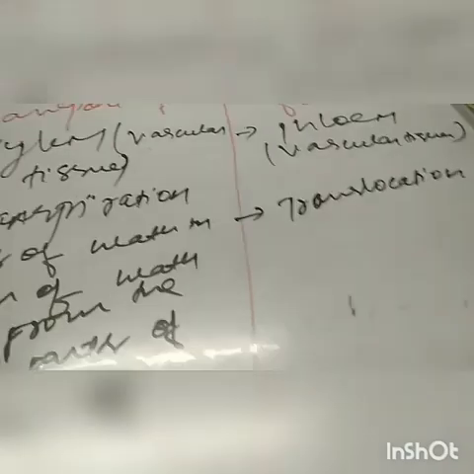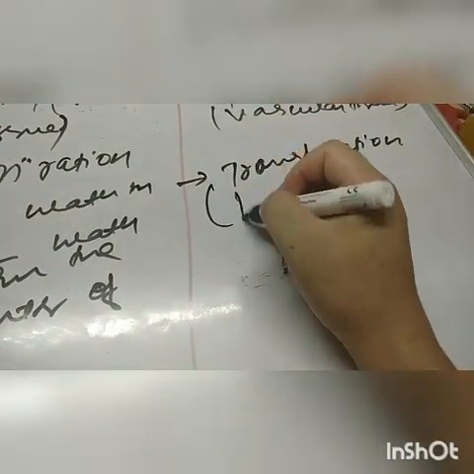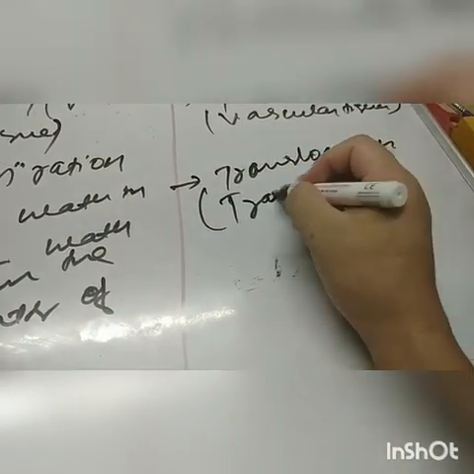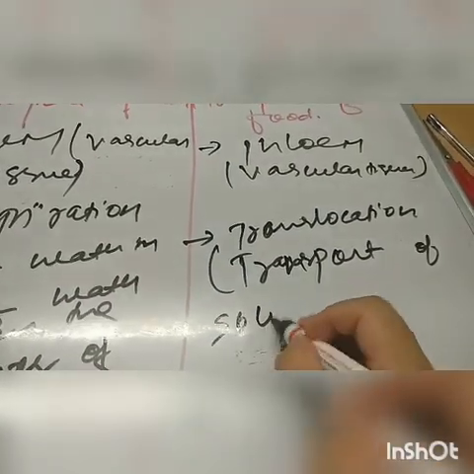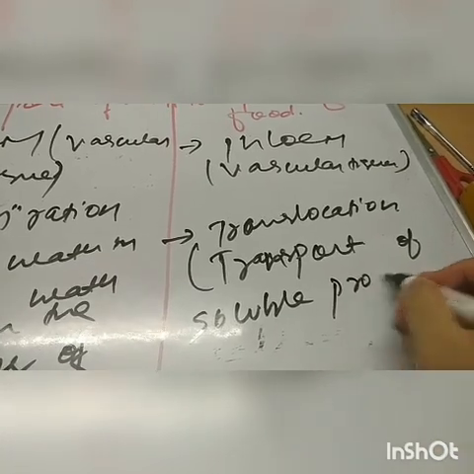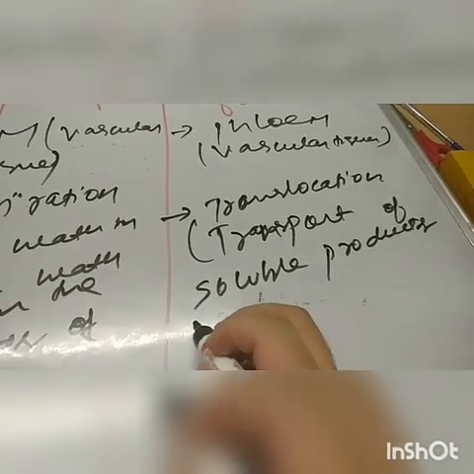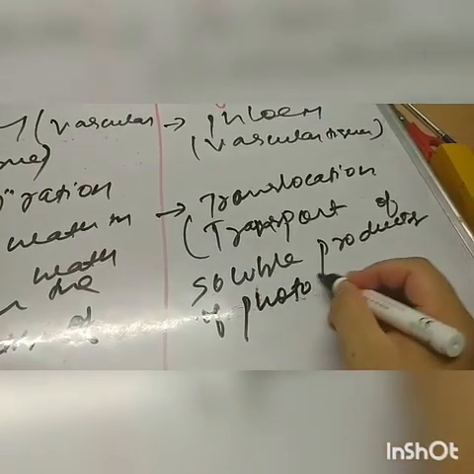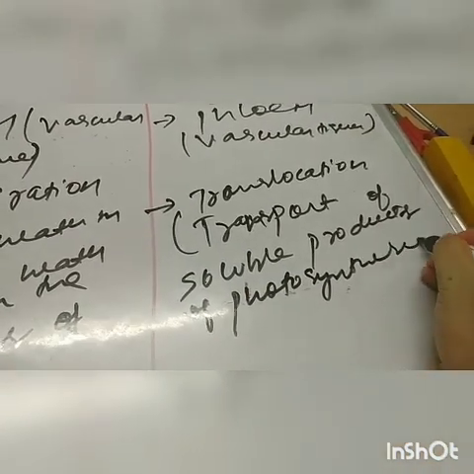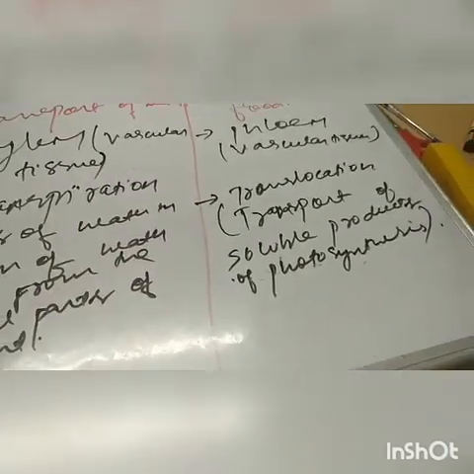Translocation means transport of soluble products of photosynthesis. Right. So I hope you are clear with this. This is very, very simple. I have explained it in a very simplified manner.